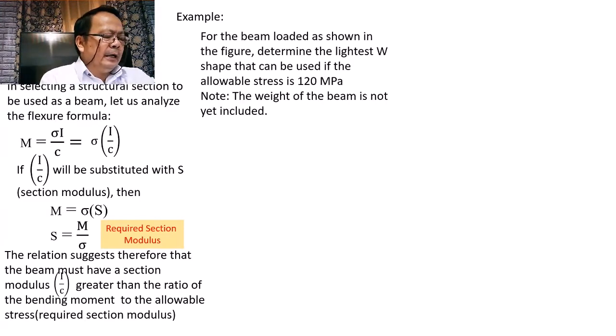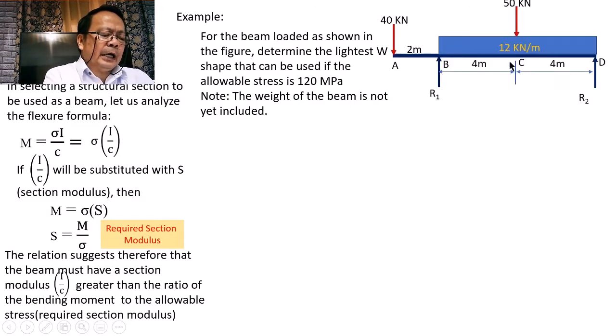I have here an example. Sabi dito, for the beam that is loaded as shown in the figure, and here is the figure. I will show the figure. Determine the lightest W shape that can be used if the allowable stress is 120 megapascal. Note that the weight of the beam is not yet included in the loads that are indicated in the problem.